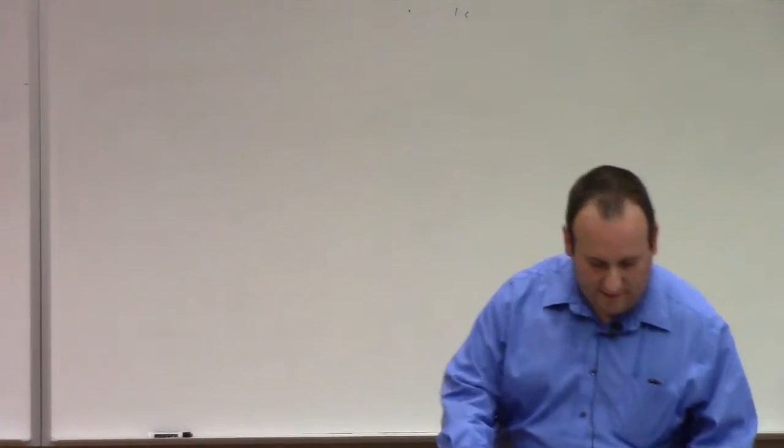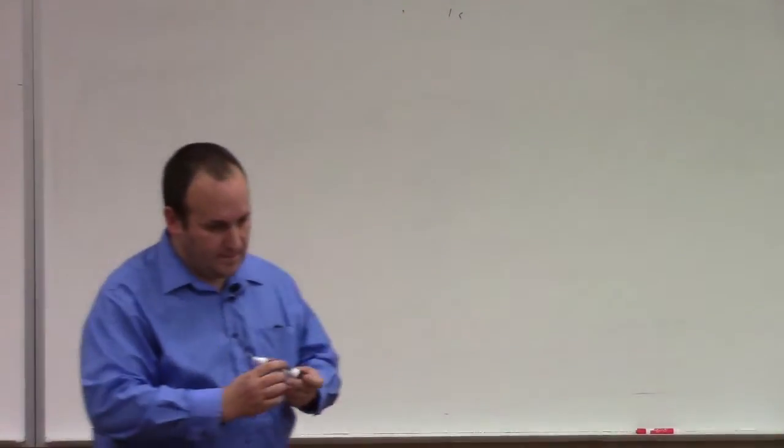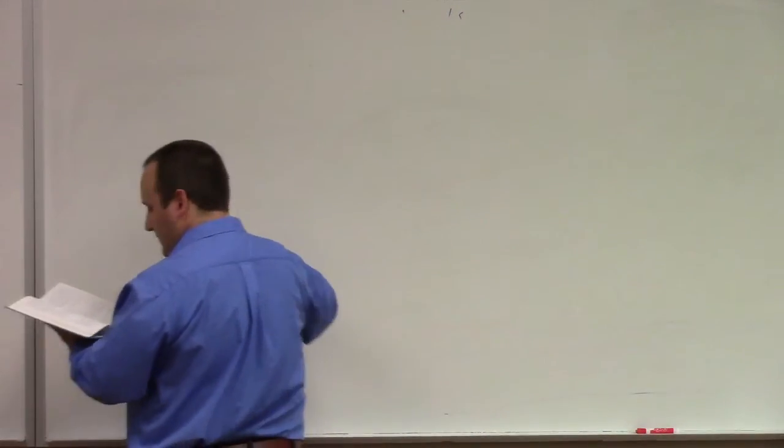All right. I had one request, so I'll start with that. Make sure I get to it. Let's see here. The request was to work problem 44 of chapter 3.